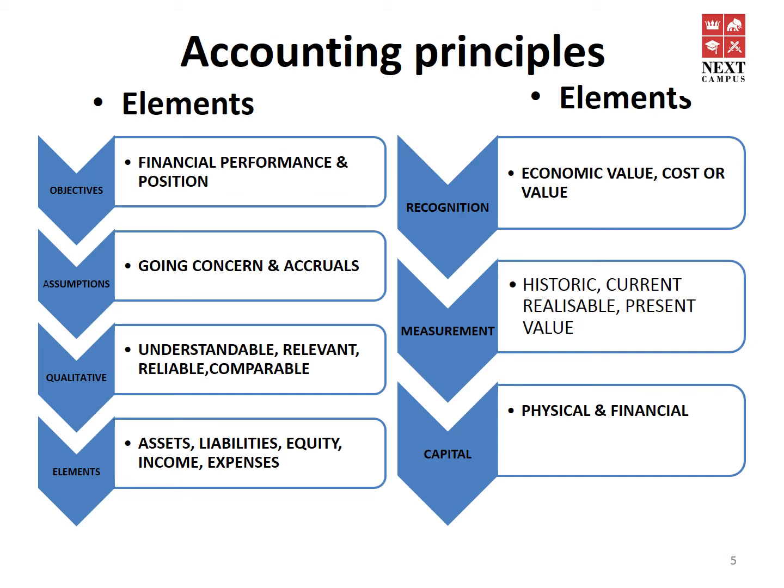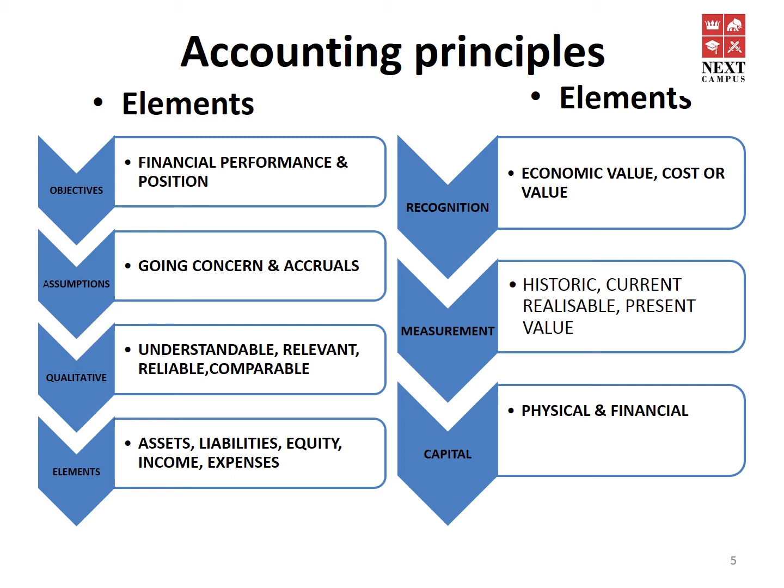So the objective of these accounting principles is to develop the statement of financial position and then the performance, the income statement. Then these accounting principles are discussing two principles. One is going concern principle and the other one the accrued principle. Now we will discuss the going concern principle.